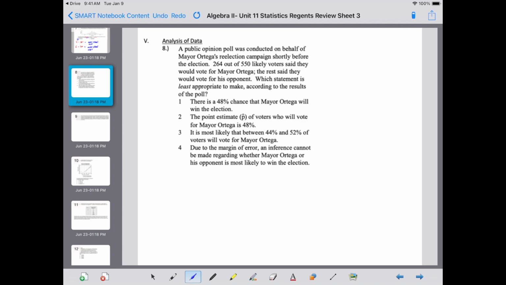Which statement is least appropriate to make according to the results of the poll? So let's do this. 264 out of 550. You got 0.48. There's a 48% chance that Mayor Ortega will win the election.